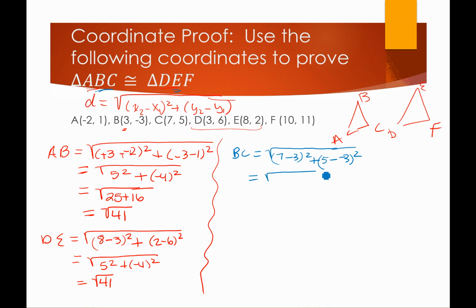So that's going to be 4 squared plus 8 squared, or 16 plus 64, the square root of that, which is the square root of 80. I'm just going to leave it that way because there's no point in simplifying. We could do it to practice, but if we want to get this proof done, we can just do it this way. So now we've got BC, and that's congruent to EF.